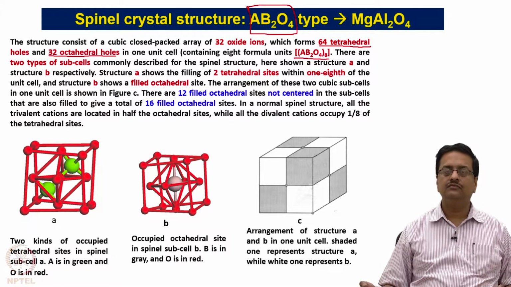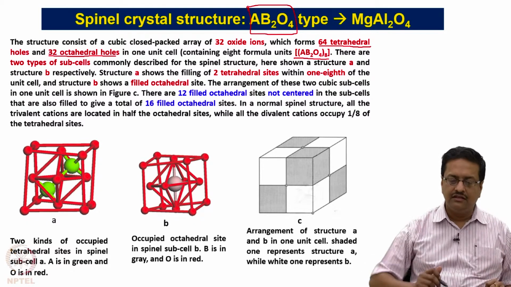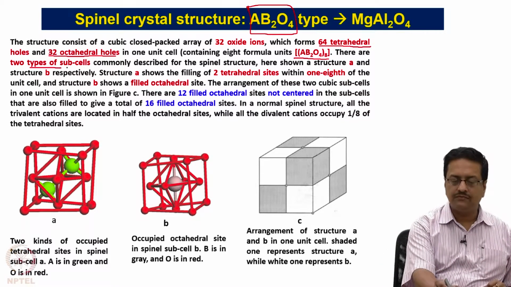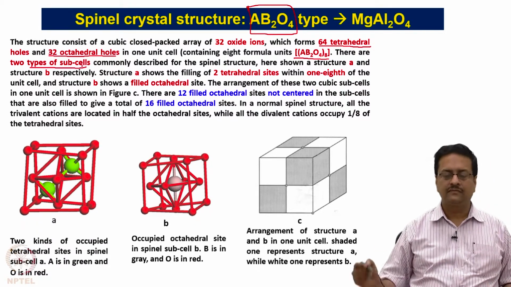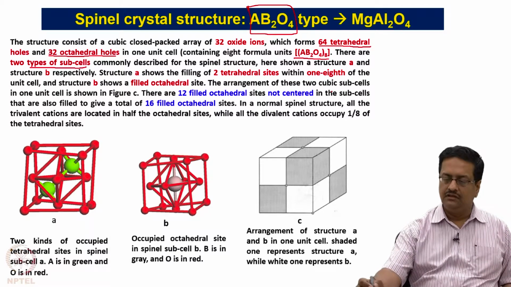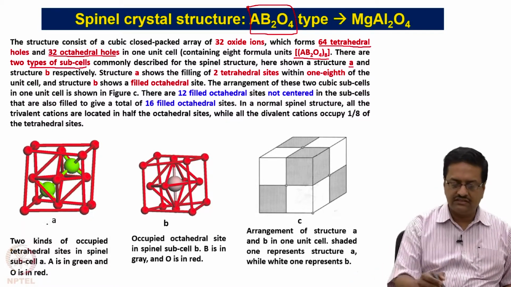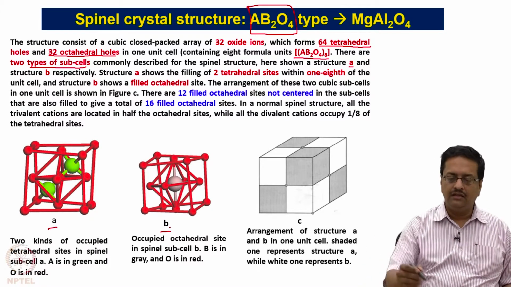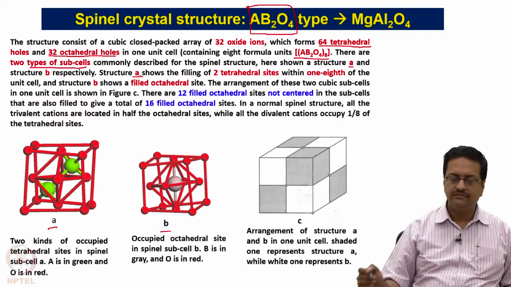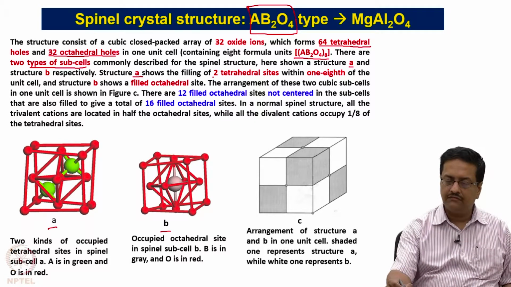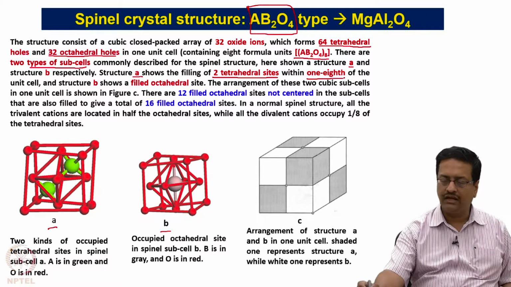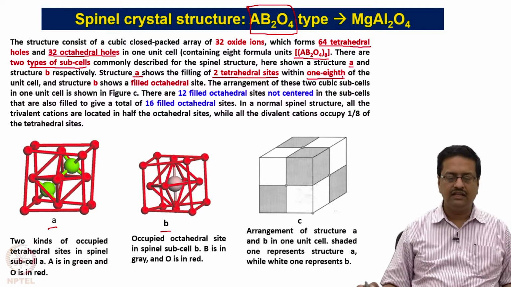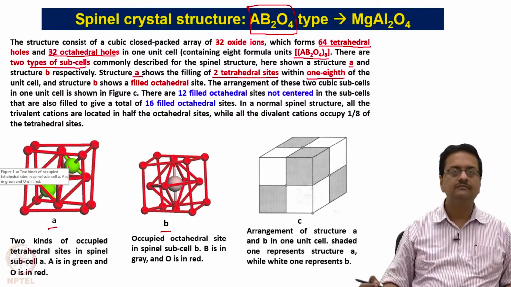So, in this large unit cell, there are two types of subcells. You have two structures A and B. In case of structure A, two tetrahedral sites within 1/8 of the unit cell are occupied.